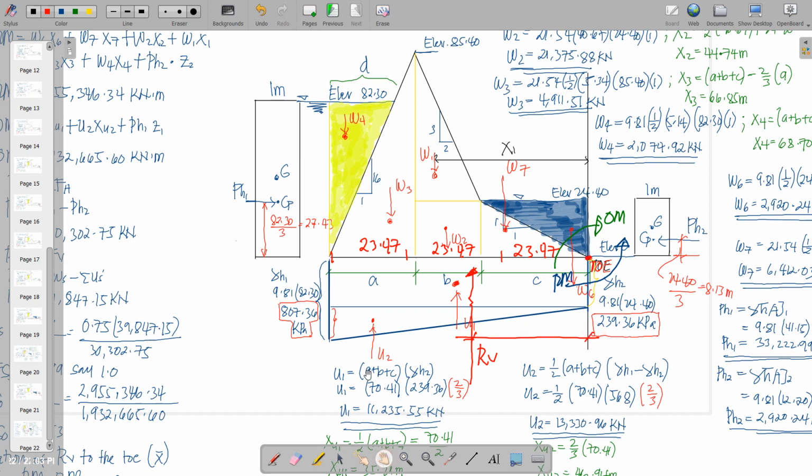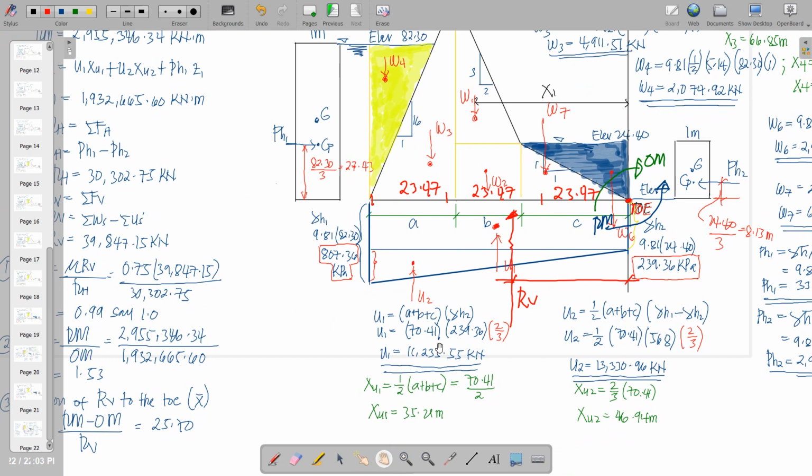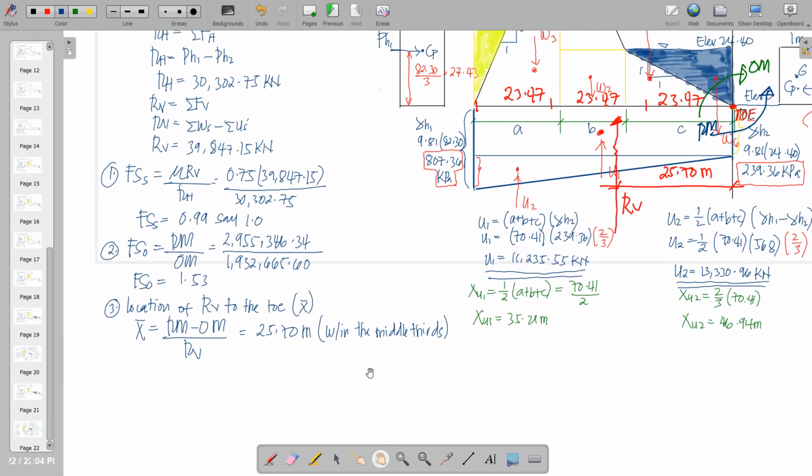The computed value is 25.7 actually. Therefore, it is within the middle thirds. So 25.7 meters from the toe is within the middle thirds. What is the meaning of that? Therefore, we had a good design in this case.